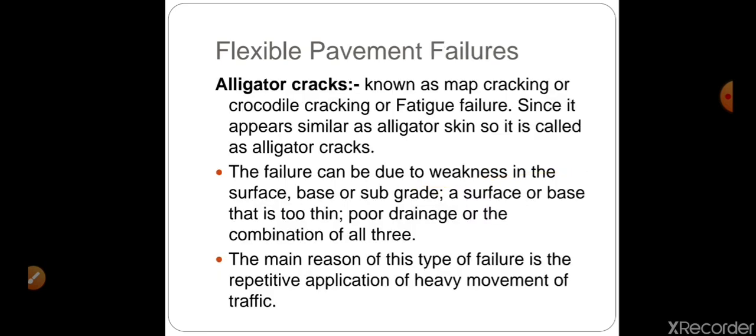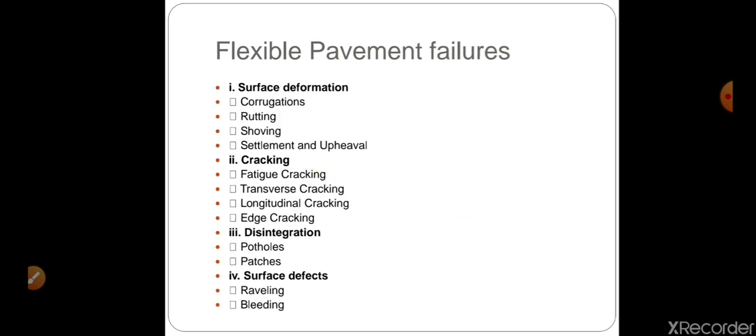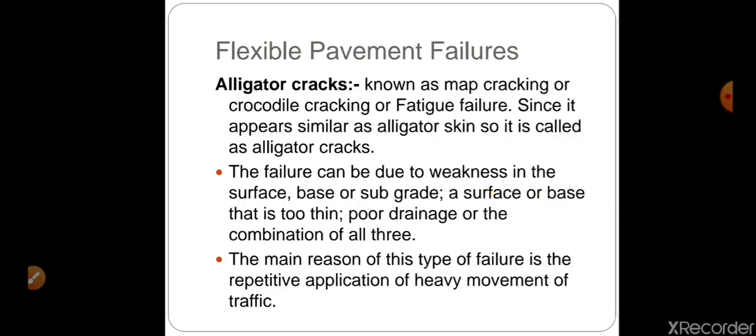So first, what do we see in the surface deformation? You find the cracking here. Alligator cracks, how they look. Alligator cracks are known as map cracking, crocodile cracking or fatigue failure, since the pattern appears similar to alligator skin. So it is called alligator cracking.